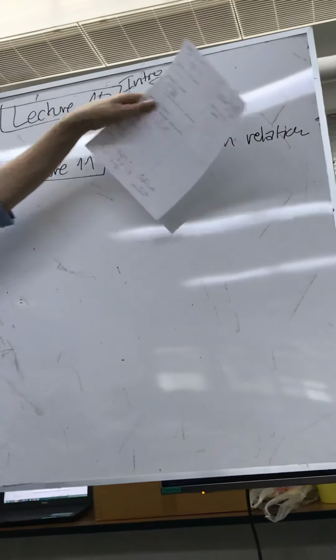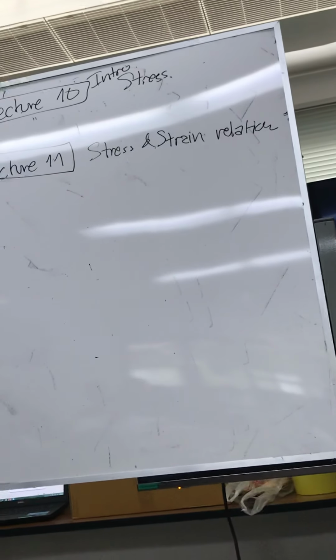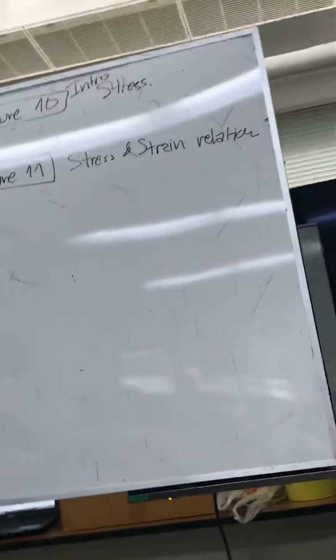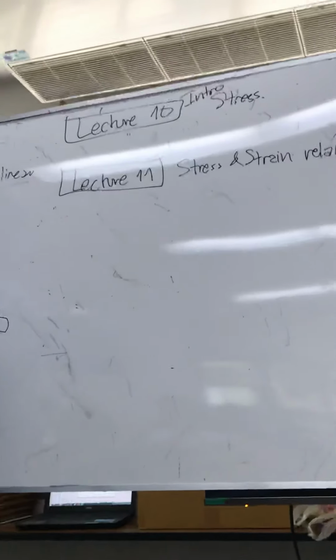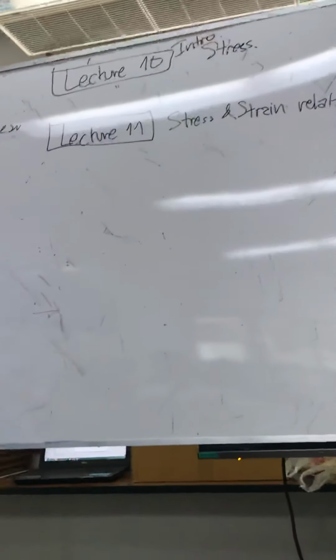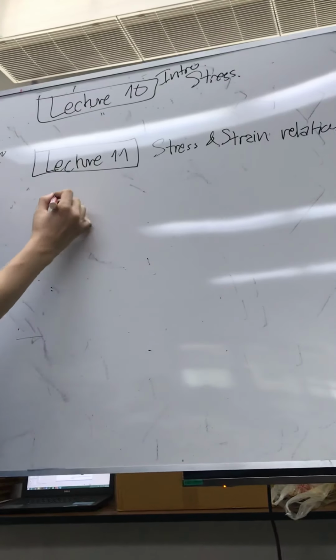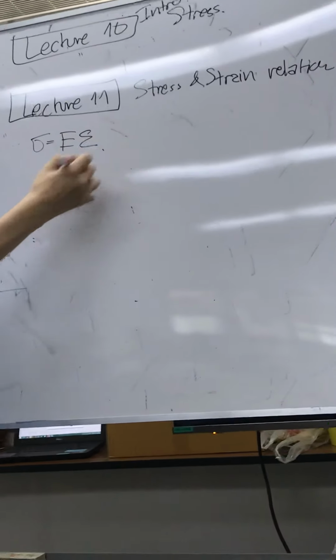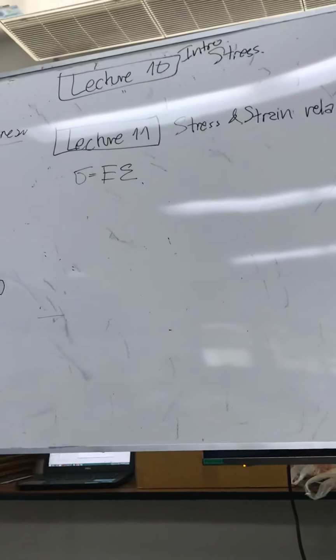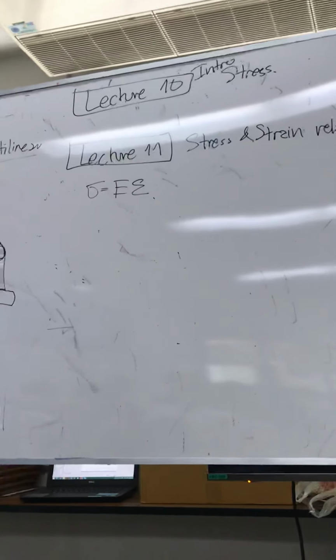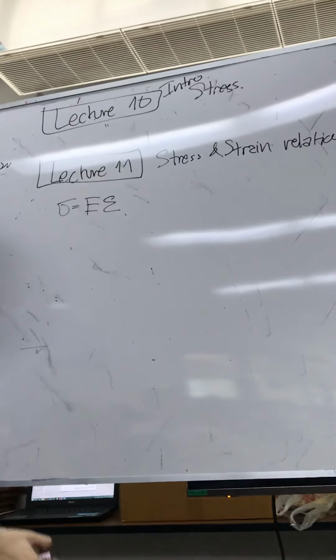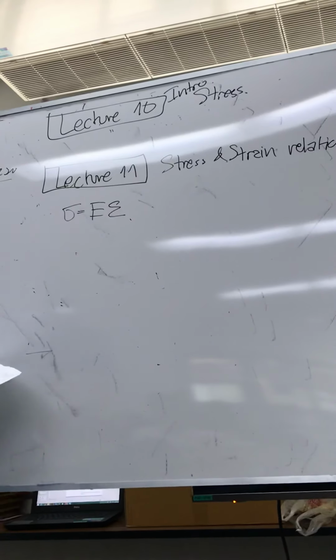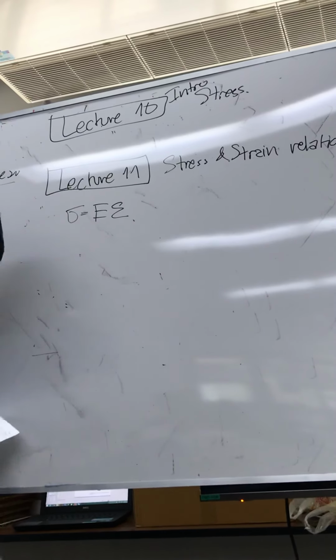So this is only about the stress and maybe a little bit of strain, but this is to know the relation between the stress and the strain. Then in the exam, I think you already know this. So the stress equal to E times strain. This is wrong, right? Yes, this is right already.